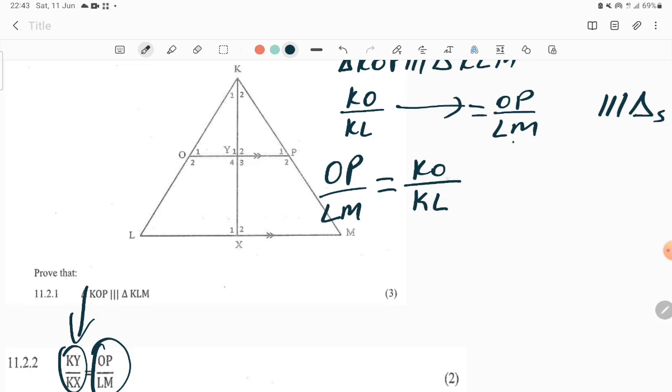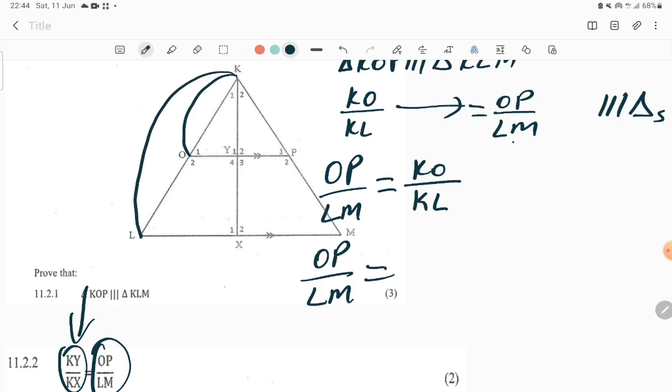Now, we have OP over LM is equal to what? We have KO over KL. It is also equal to KY over KX.